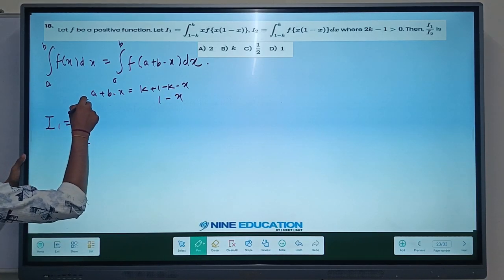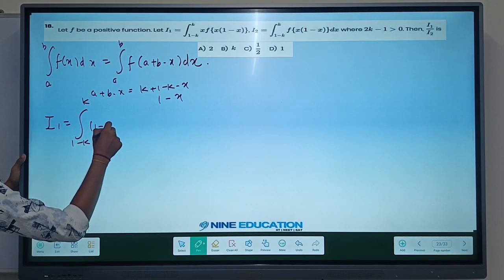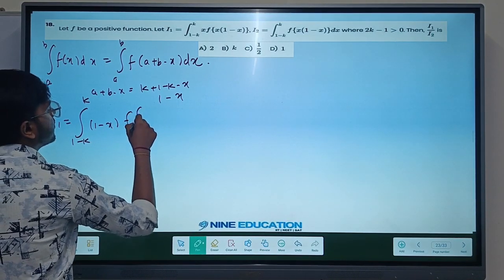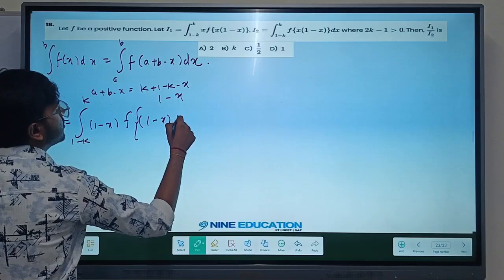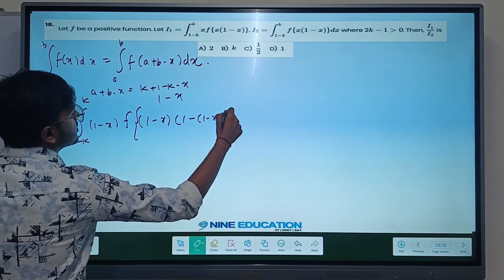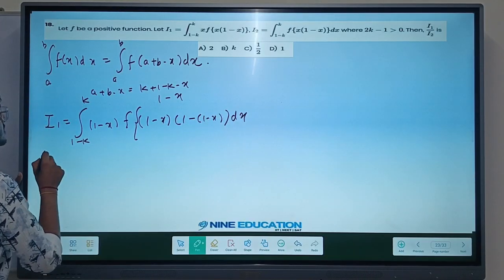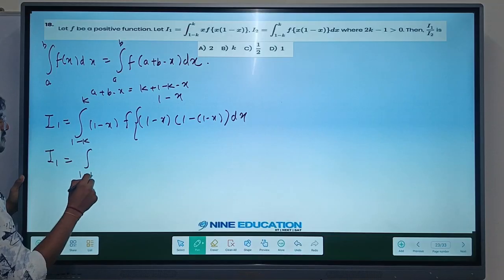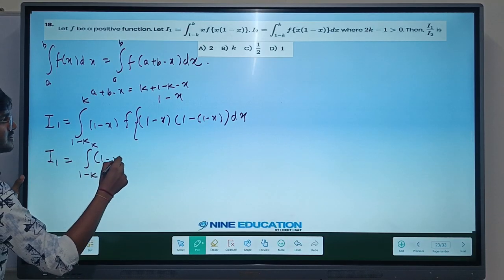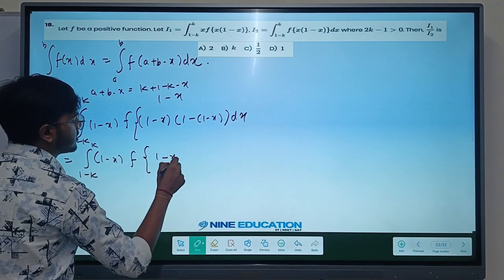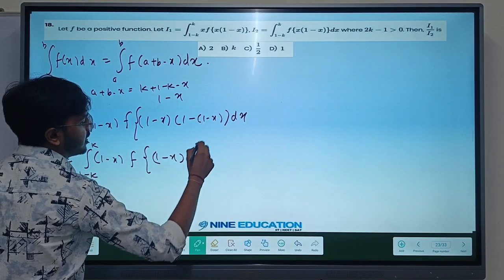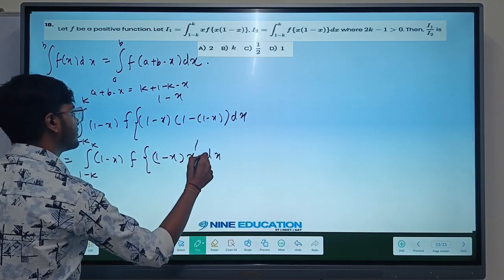So 1 minus k to k, 1 minus x, f of 1 minus x into 1 minus of 1 minus x dx. So I1 is equal to 1 minus k to k, 1 minus x f of 1 minus x, 1 minus 1 minus minus plus x dx.